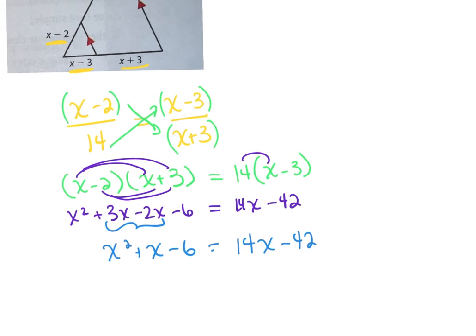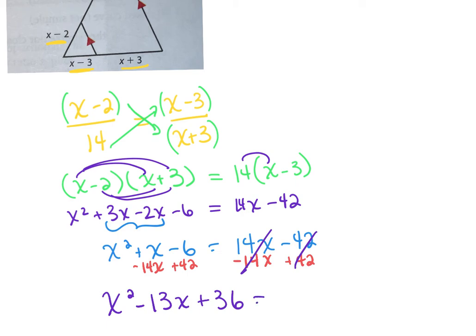You have to move everything to one side because I do have an x squared. So I'm going to subtract my 14x from my like term. I'm going to add my 42 to my like term. Make sure everything over here cancels. X squared minus 13x plus 36 equals 0. Factors that multiply to give you 36 and add to give you negative 13.